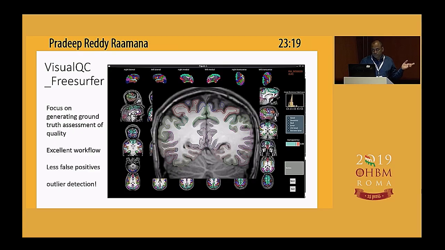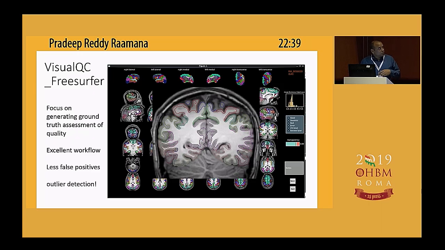I mentioned visual QC freezer before. The purpose of these customized and integrated tools is to reduce the QC burden, right? So for example, by giving you a full collage overview and the ability to zoom in wherever you want, if you spot some mistakes, or removing surface overlays, or zooming in on the full surface visualizations would make the process super easy, which otherwise is quite hectic and time consuming, and sometimes erroneous because you're switching between a lot of tools, right?